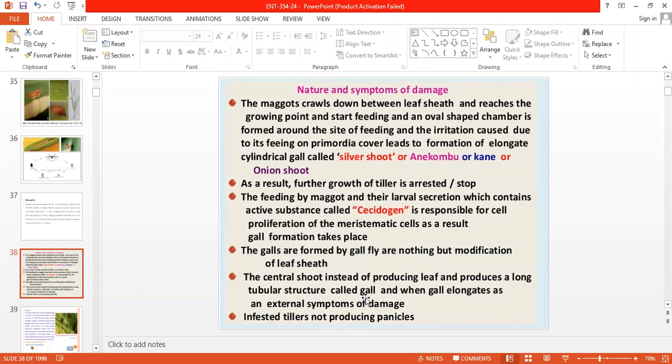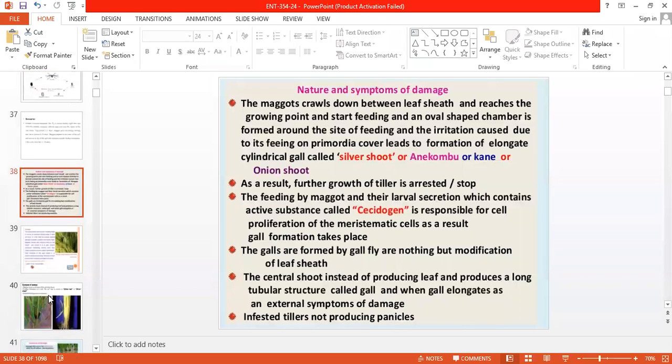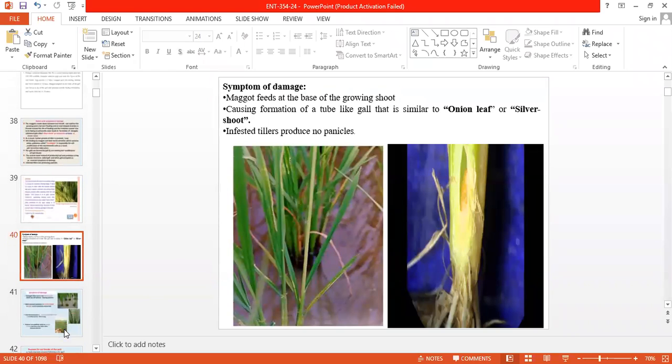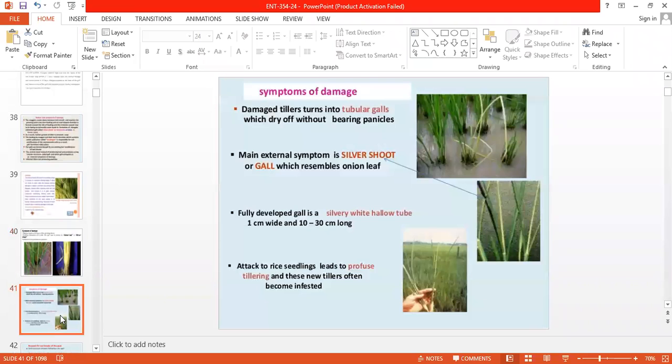And when the gall elongates, it is an external symptom of damage. Infested tillers do not produce panicles. Generally, this type of symptom forms due to the infestation of a gall midge.